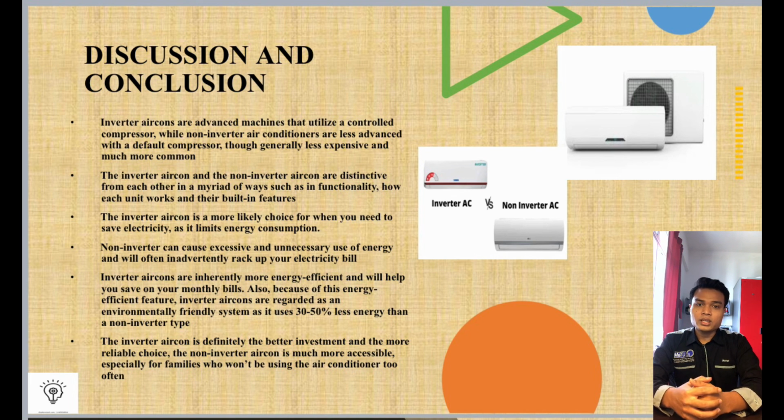Next, the inverter aircon is more likely the choice for when you need to save electricity as it limits energy consumption. And the fourth, non-inverter can cause excessive and unnecessary use of energy and will often inadvertently rack up your electric bill.